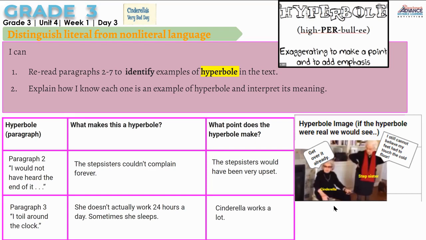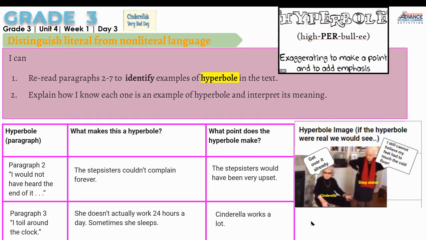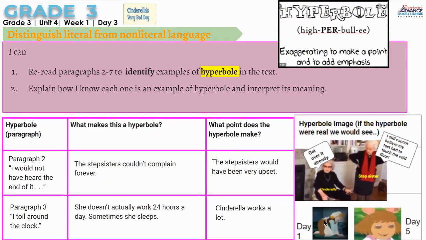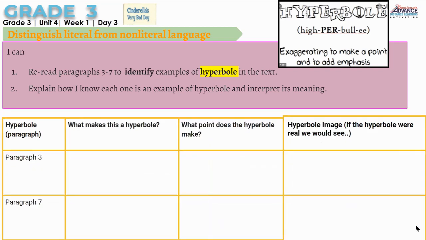Now my picture I included was this right here. Day 1 of working around the clock. She's Cinderella, and this is what she looks like on day 5, working 24 hours a day, 7 days a week. She is deteriorating. Okay, so now you are going to go to the next slide, and you're going to do the same thing.